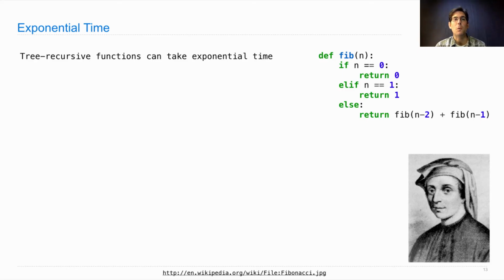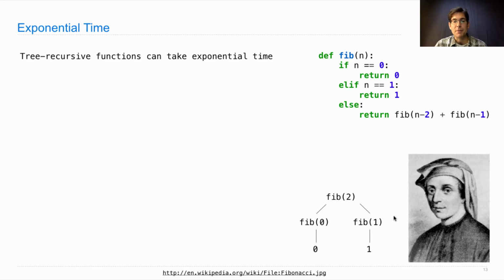Another upward sloping order of growth is exponential time. Here things are even worse. A tree recursive function can take exponential time because the unmemoized fib function has to do 60% more work just to compute n that's 1 larger than the previous n.